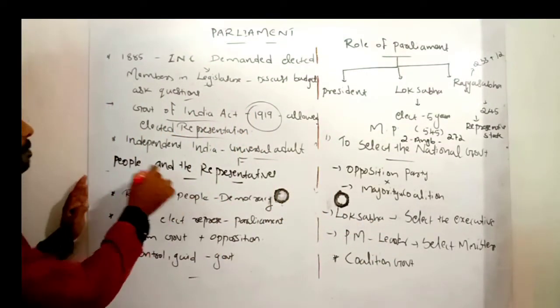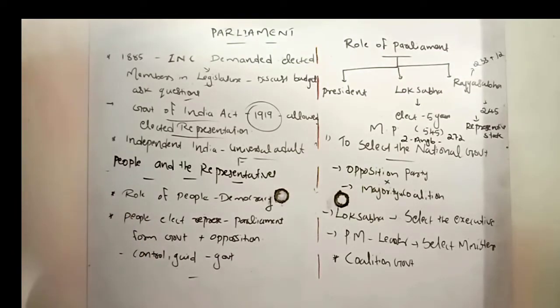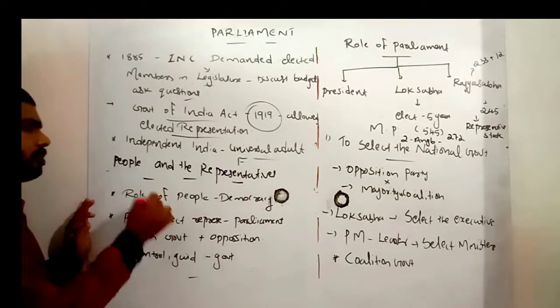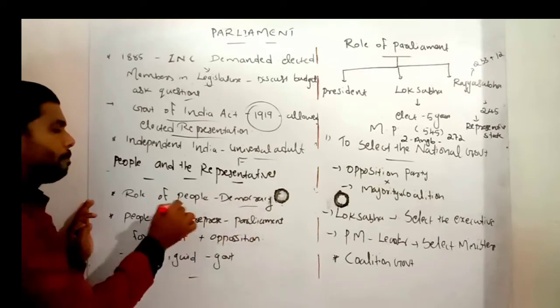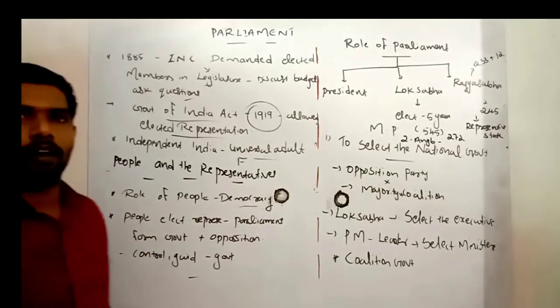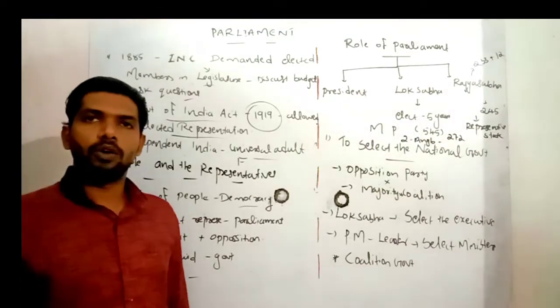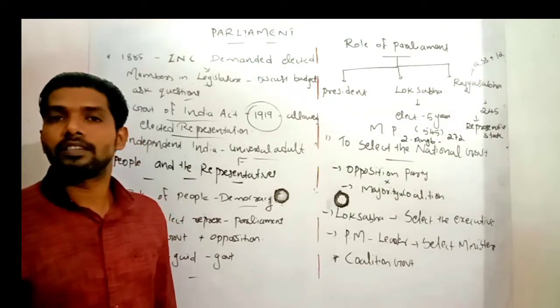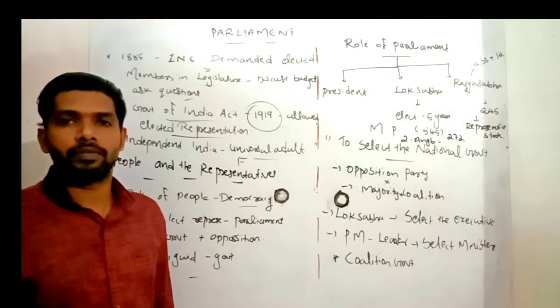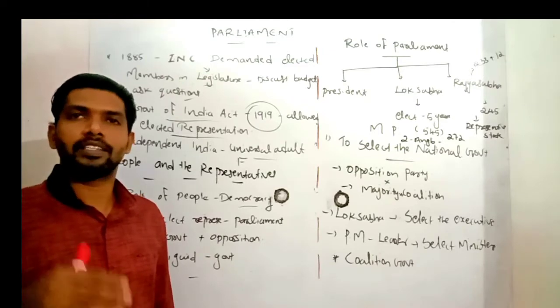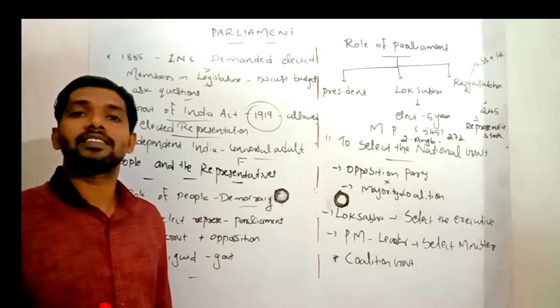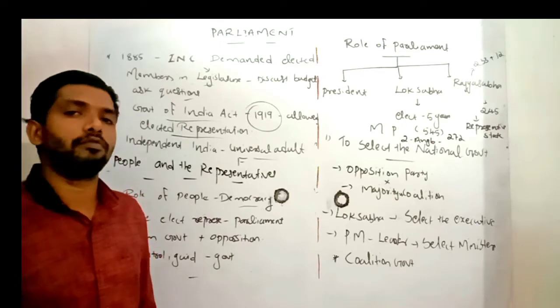And next, people and their representatives. In Indian democracy, the role of the people is the most important. Only through the people's activeness, their active voice and their involvement does democracy live. People elect their leaders, and those elected leaders work for the people and their welfare.